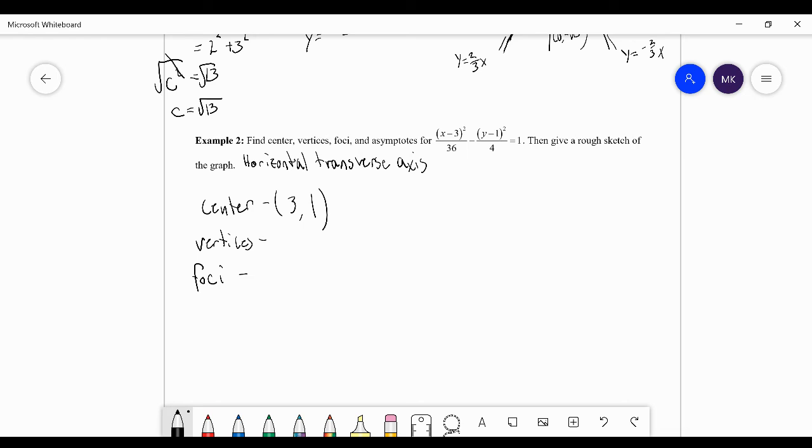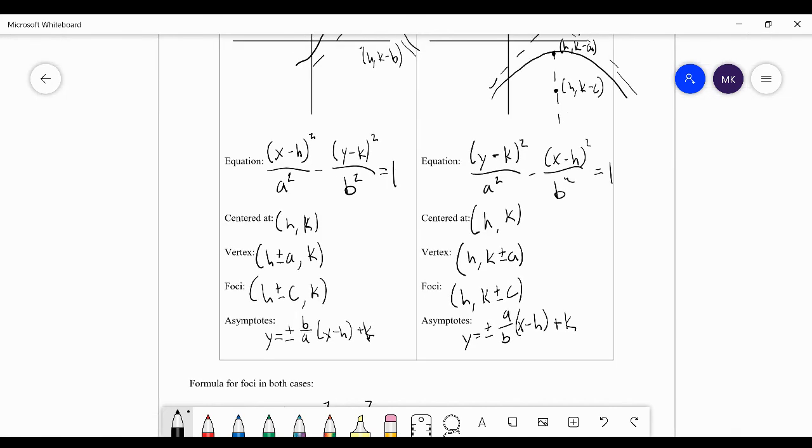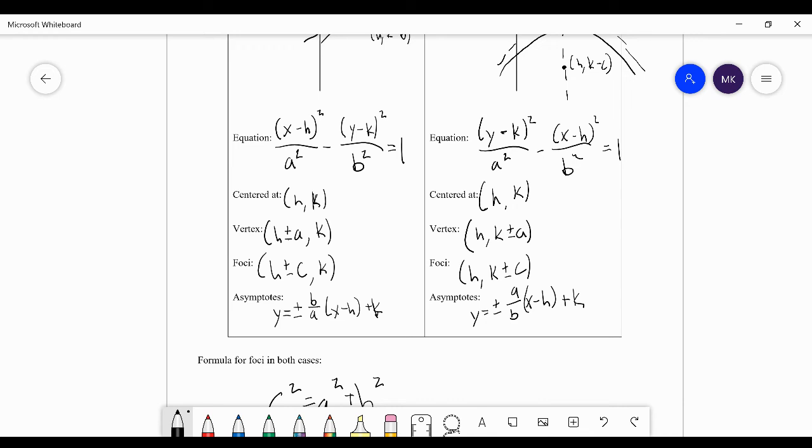Our vertices. So before we do anything else, A is the square root of 36, which is 6, and B is the square root of 4, which is 2. So our vertices are very easy. If we go back up here, we have a horizontal transverse situation. It's not centered at 0, 0, so we need to use this formula here for our vertex.